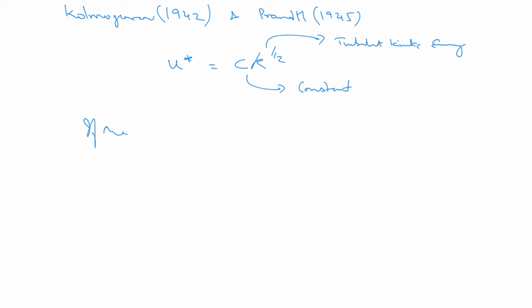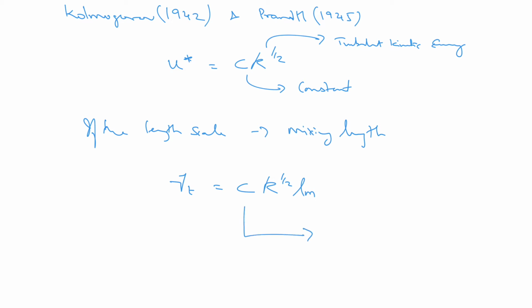If the length scale is considered to be a mixing length, then we have this nu t equals this constant times turbulent kinetic energy power half, times mixing length. Here the constant c will be approximately equal to 0.55 in the log law region.